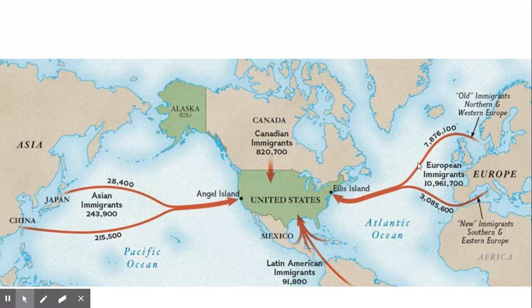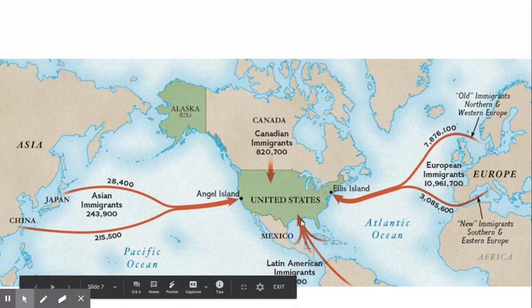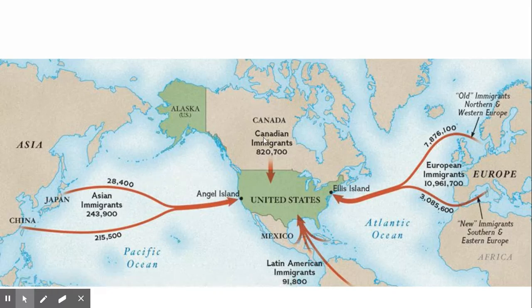So we had, again, our old immigrants coming from Northern Europe, our new wave of European immigrants coming from Southern and Eastern Europe, totaling 11 million, and I've seen some estimates higher than that. Some coming up from Mexico and Latin America, less than 100,000, 250,000 Asian immigrants, and from Canada, our next door neighbor to the north, almost a million came down. So lots of immigration into the United States.